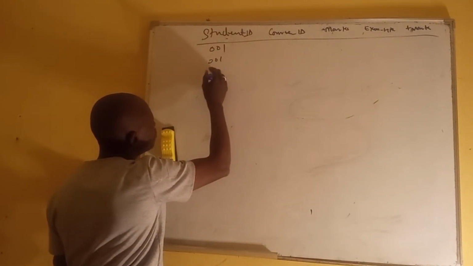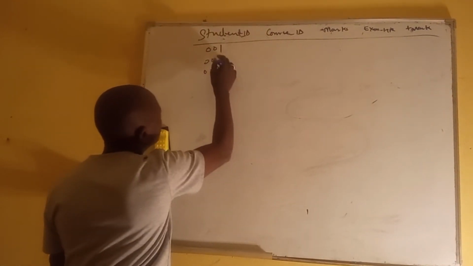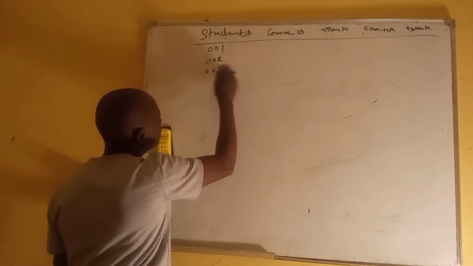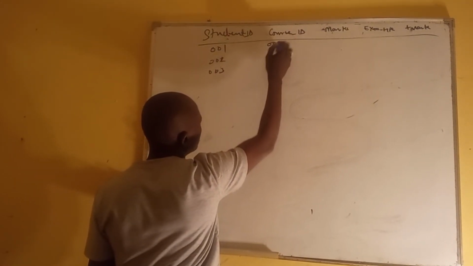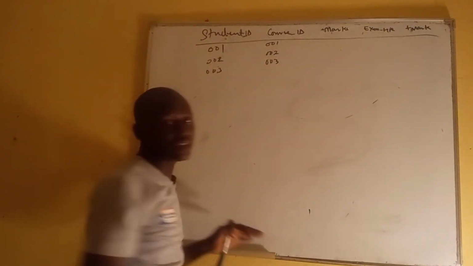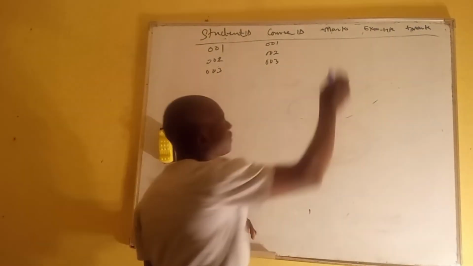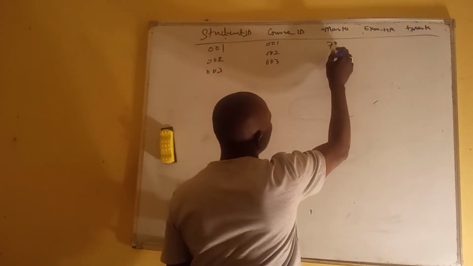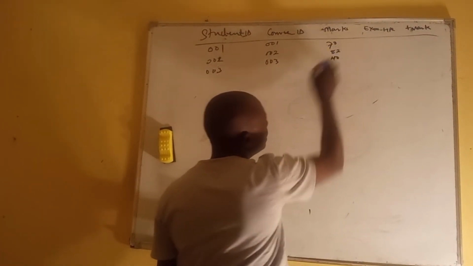If you are having a table like this with the following matric numbers or student ID, 001, 002, 003, in the marks you have 70, 82, 40.